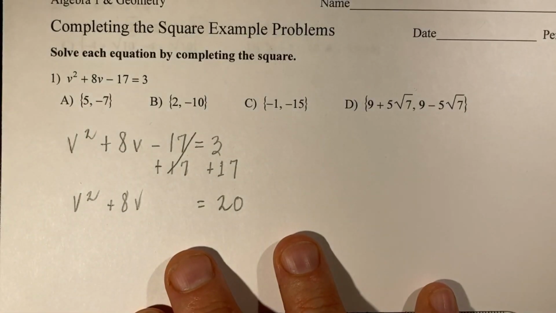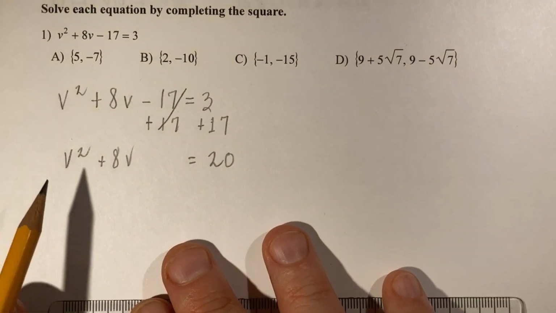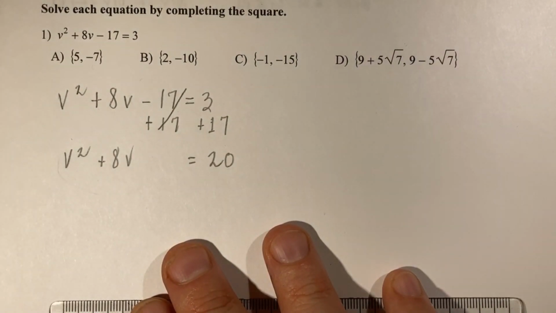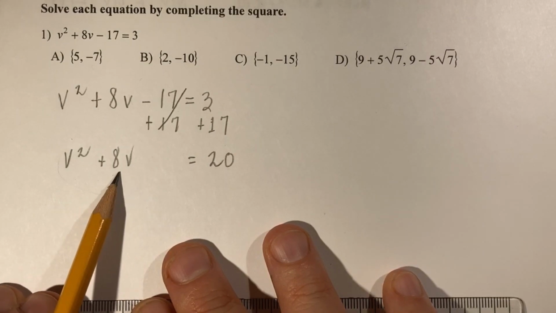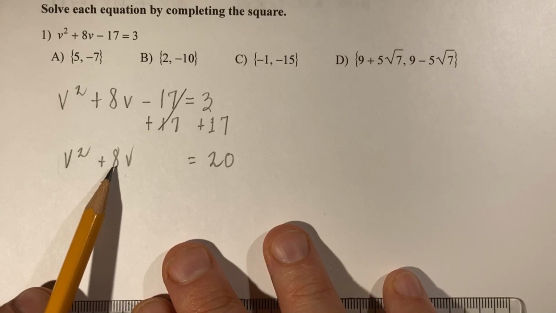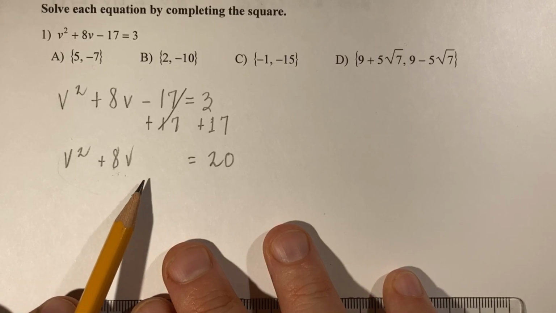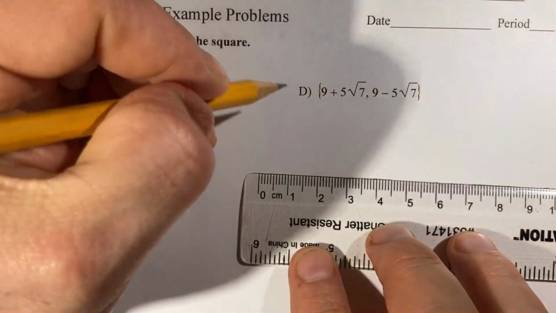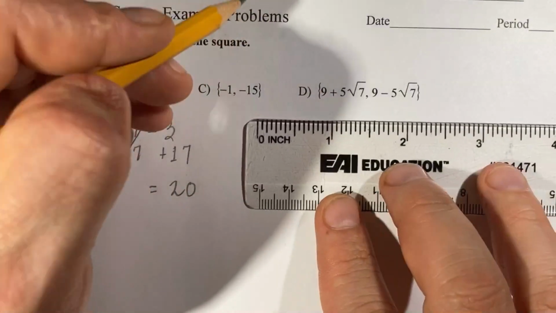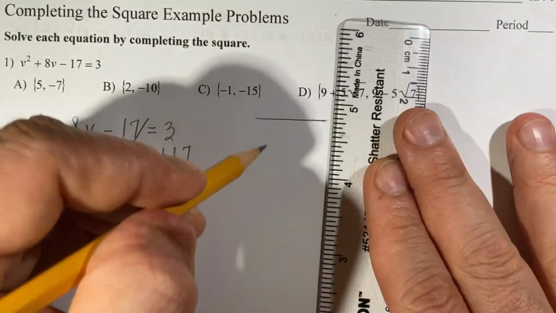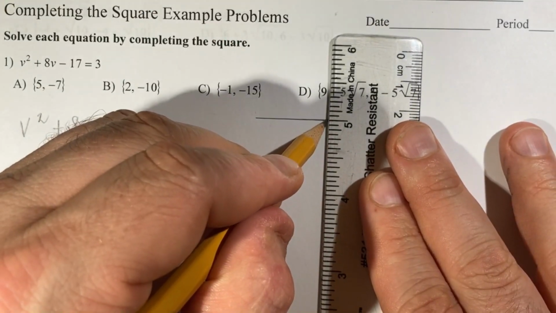Okay? And now you're actually ready to do the completing the square part. And so the completing the square part is you take half the middle coefficient, which would be half of 8, and then you square it. Okay? So over in side work, I'll just do this to remind you of the graphical representation of what you're doing.